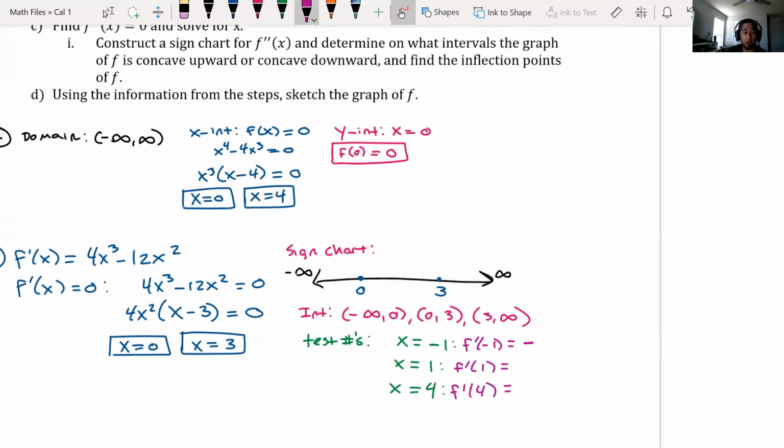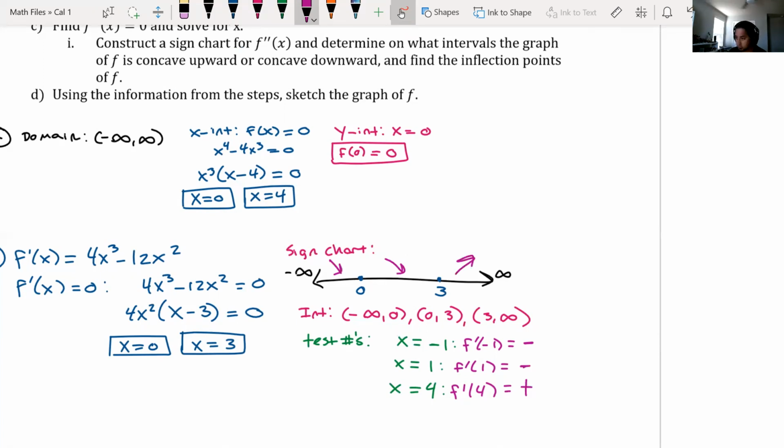If I plug in 1, I'll get 4 minus 12, which is still negative. If I plug in 4, that's 64 times 4, so that's going to be a big positive number. So this means that we are decreasing, decreasing, and increasing.